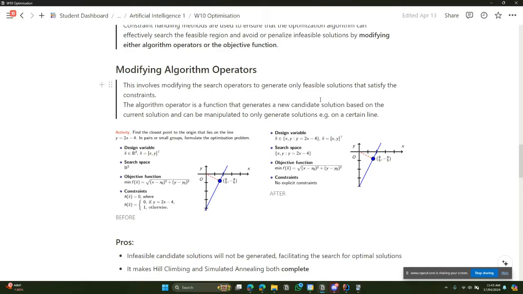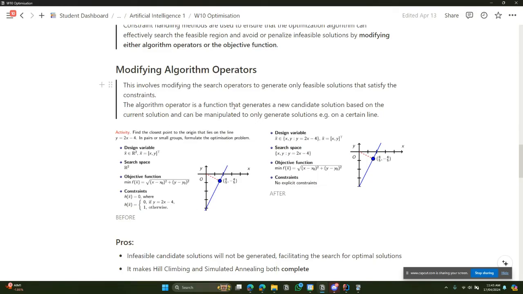The algorithm operator is a function that generates a new candidate solution based on the current solution, and it can be manipulated to only generate solutions in a certain line. Basically, this is like the neighborhood operator. It's not exactly the same, there are some minor differences, but for simplicity you can think of it like the neighborhood operator.